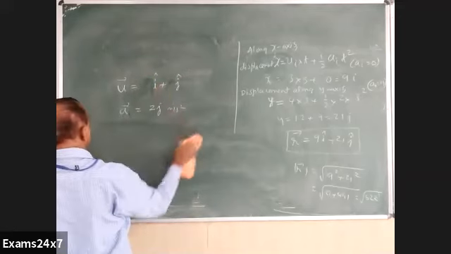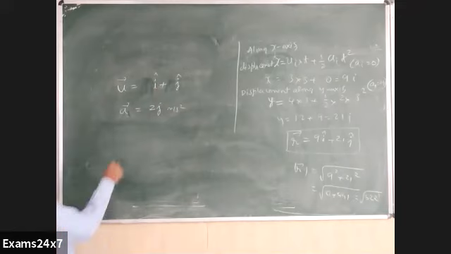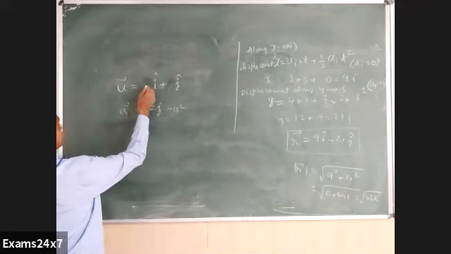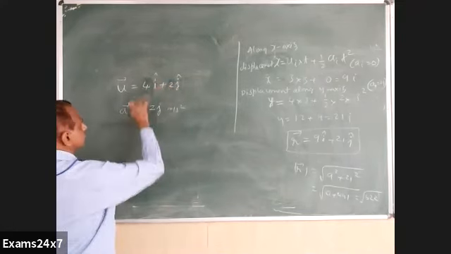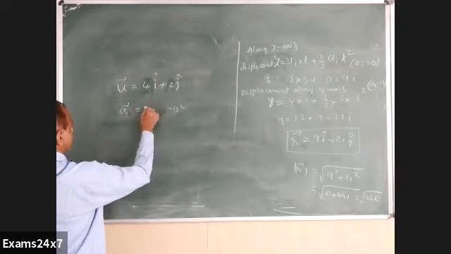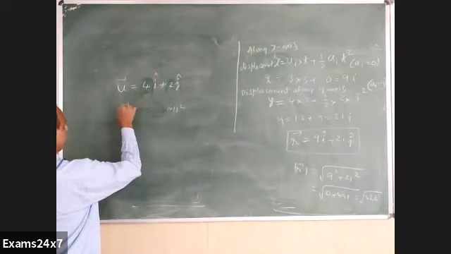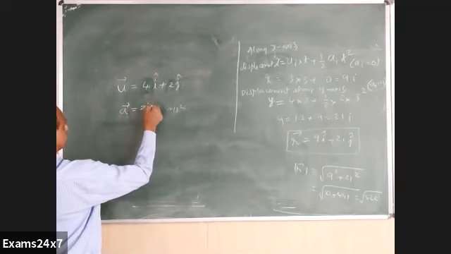Try a similar one. The initial velocity of a particle is given by u equal to 4i plus 2j, and acceleration is given by a arrow 2i plus 3j.